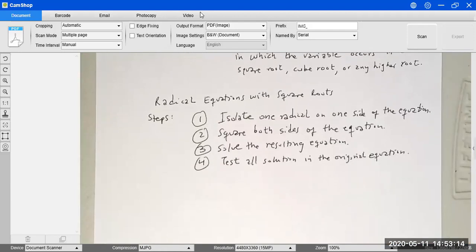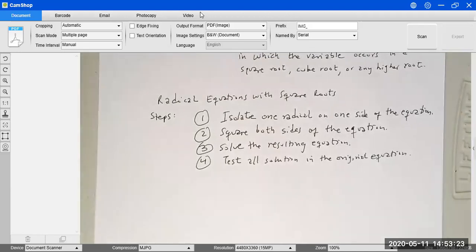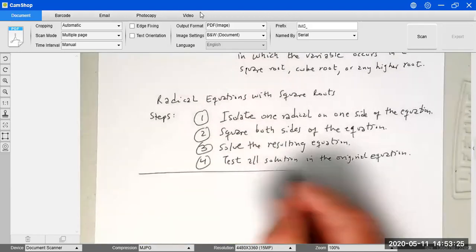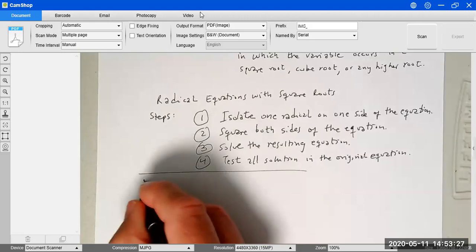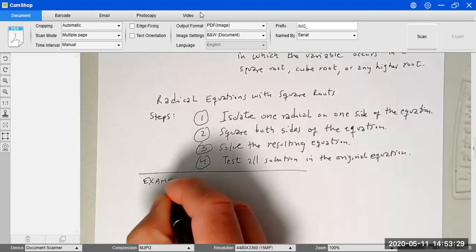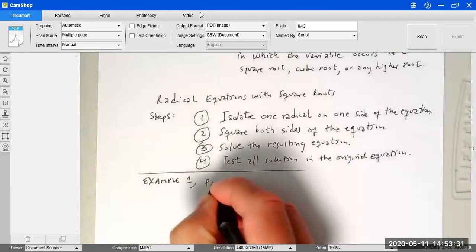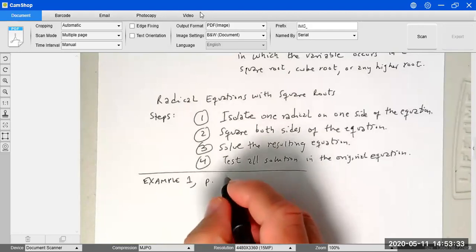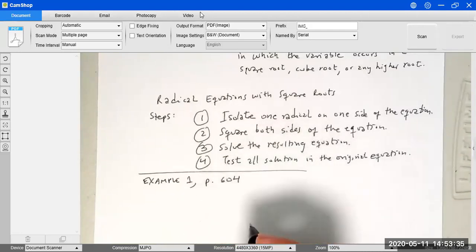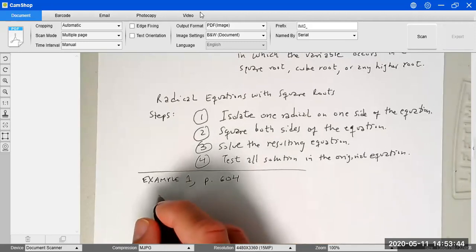So let's solve some examples, and then you're going to have time to play with this by solving exercises from the corresponding exercise set. So we're going to solve sample 1 on page 604, and this is just the following radical equation.